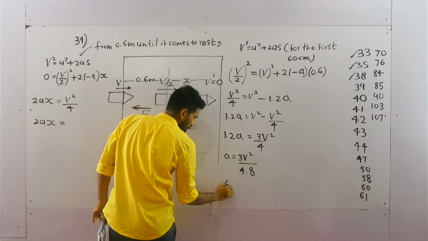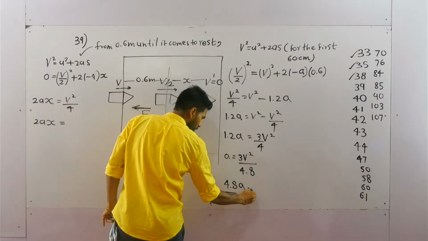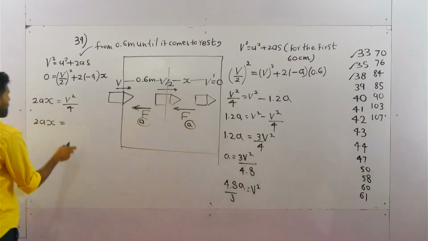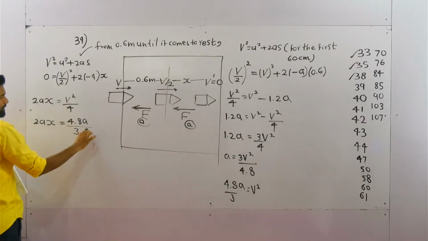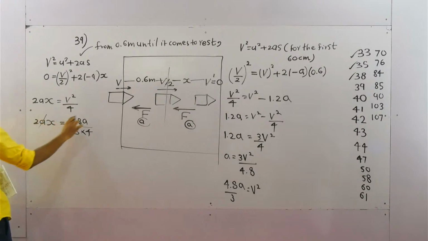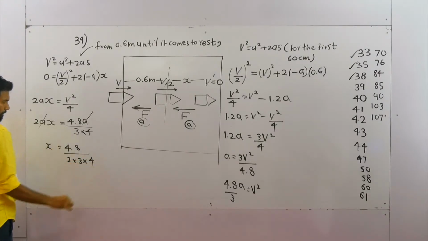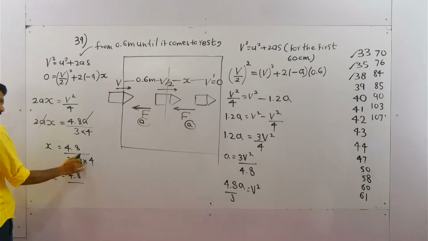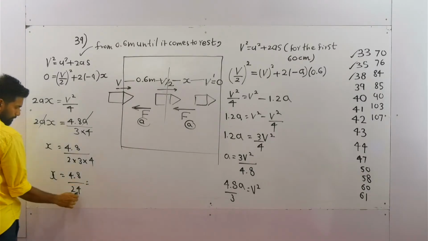V square is equal to 4.8a over 3. And you have an additional 4 here. A will cancel out. So what is x? You have to take 2, 3, 4 to this side. X is equal to 4.8 over 24.